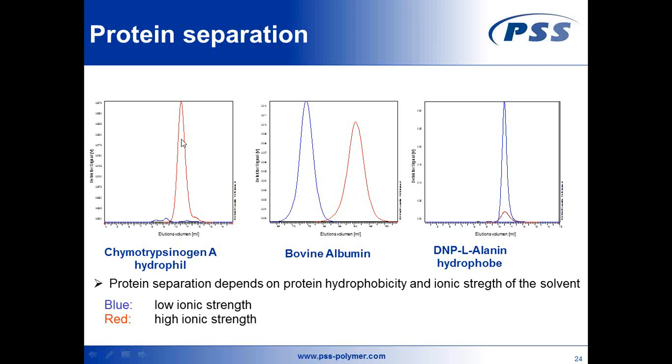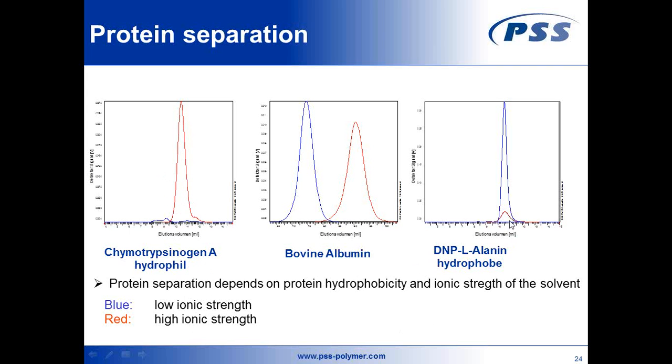You see that indicated by this red chromatogram: you get a nicely shaped chromatogram, and your protein elutes nicely from the column. If you stay with the same stationary phase and go to lower ionic strengths, suddenly you don't see your protein anymore because it sticks to the column due to the wrongly chosen mobile phase.